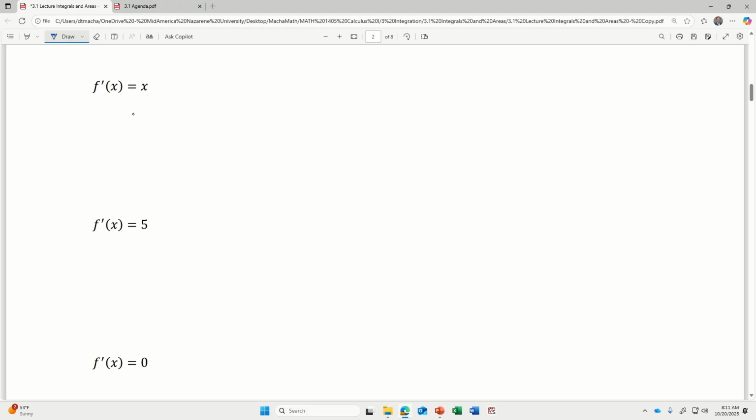If my derivative is x, what would be the original function? 1/2 x squared. Yeah, 1/2 x squared. If my derivative is the number 5, what would be my original function? 5x.